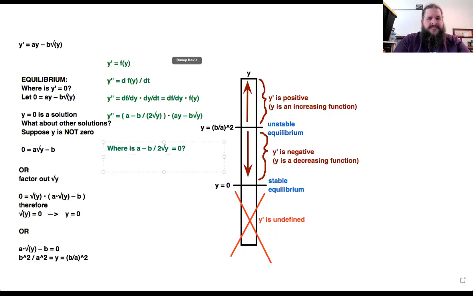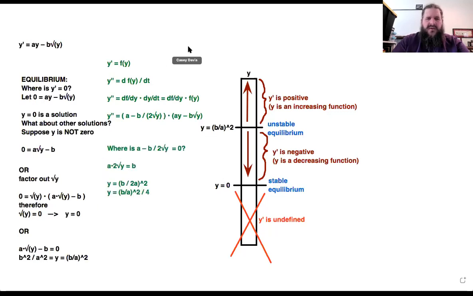You add the b over 2 square root y to both sides, and then multiply by the 2 root y, and then divide by 2a and then square both sides. And we could pull the 2 out of that as 4 because we're squaring it. So (b over a) squared divided by 4.